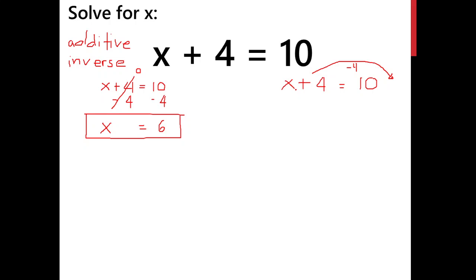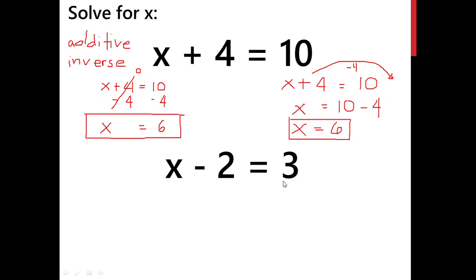So what's left here on the left side will be the variable x. Let's just bring down 10, and then the positive 4 transposed to the other side becomes negative 4. So we now have 10 minus 4, which is equal to 6, the same value as the additive inverse and as the mental math that you did earlier. Simple, right?